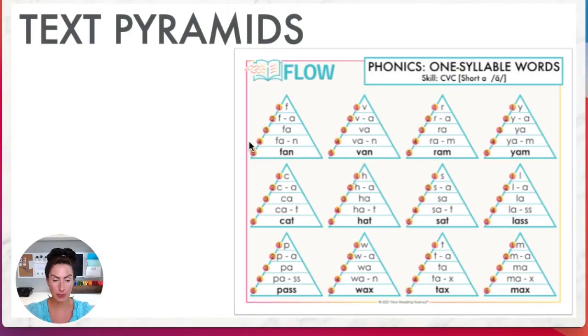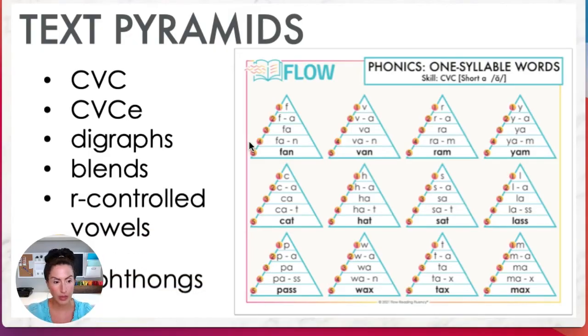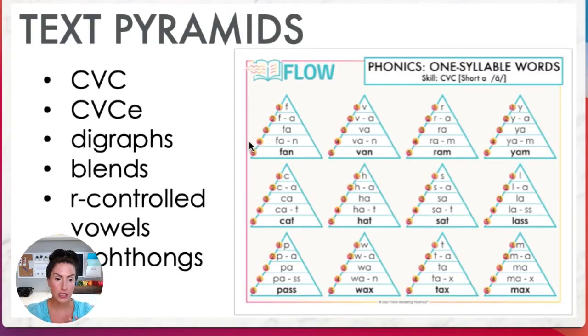So here's an example of using these text pyramids with phonics. It doesn't matter what phonics skill you're working with, these are one-syllable words. So you can use it for consonant, vowel, consonant, silent E, digraphs, blends, all the skills.